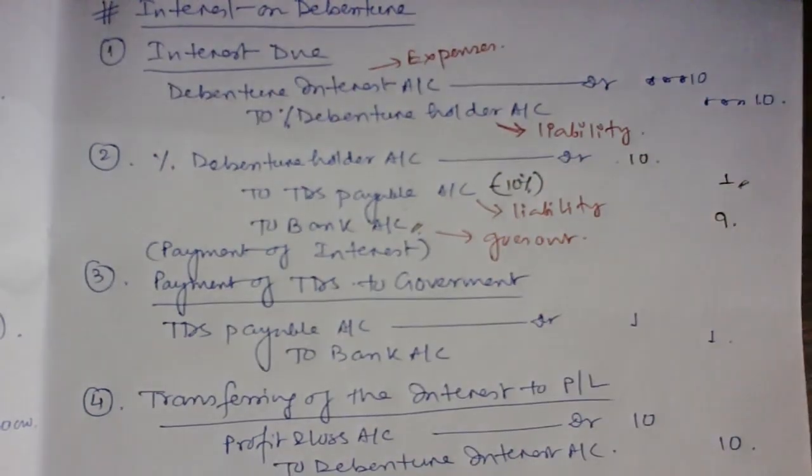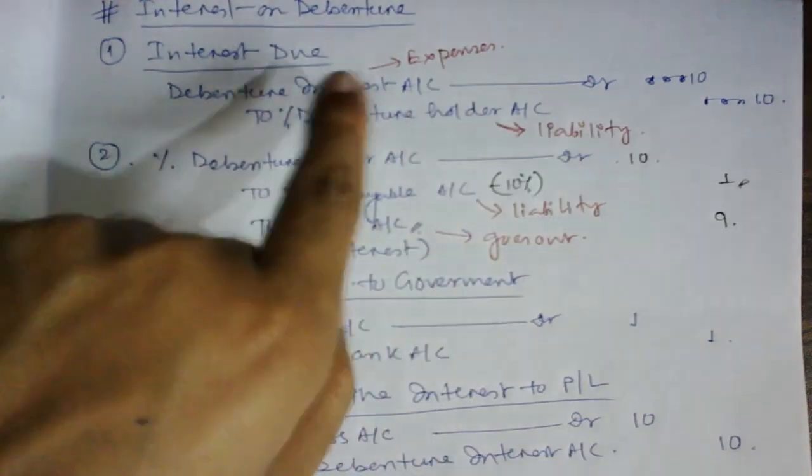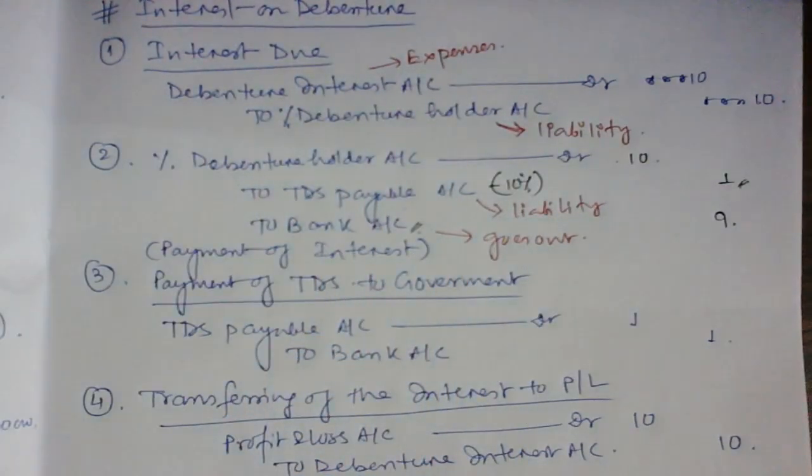Copy it, huh? Properly copy it. And the way I have written expenses, these are the logic of why debit and credit. If you understand the logic why debit and credit, then it will be easy for you at any point.